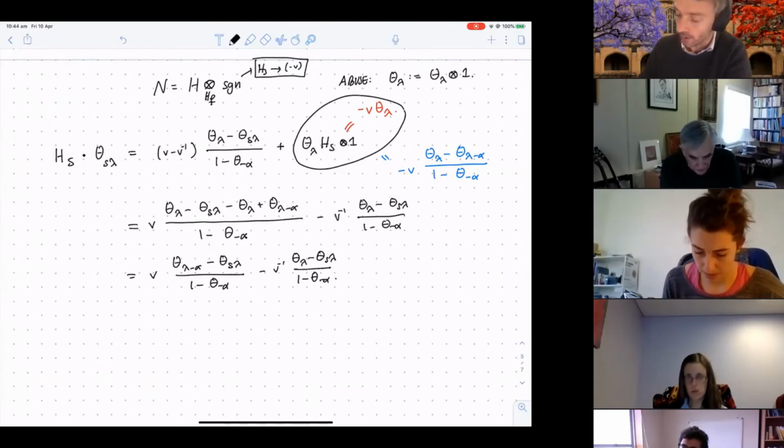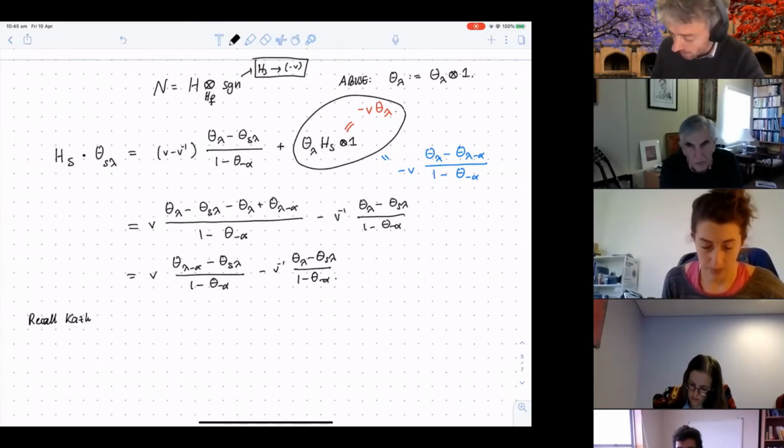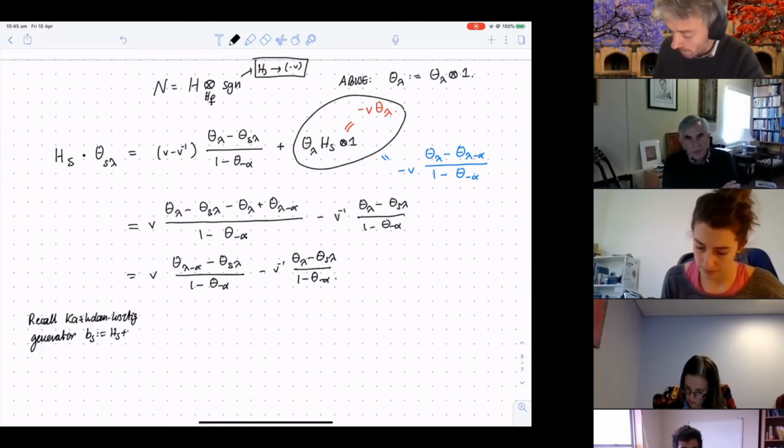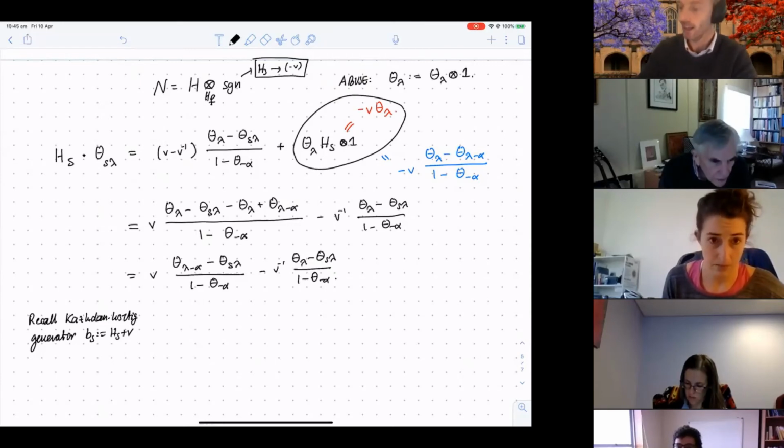So if we instead take the generator BS, which is HS plus V, i.e. we just add a copy of the identity to it, then this traditionally is the kind of object that acts, for example, as a translation functor in category O or something like that. And so we expect this to act in a simpler way than HS itself. And so I just want to quickly derive how BS acts.